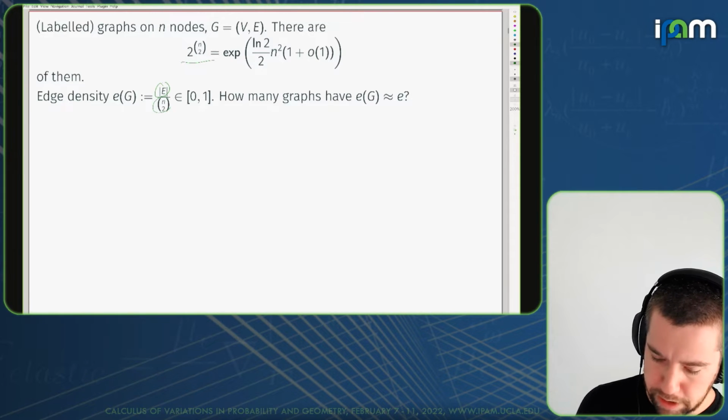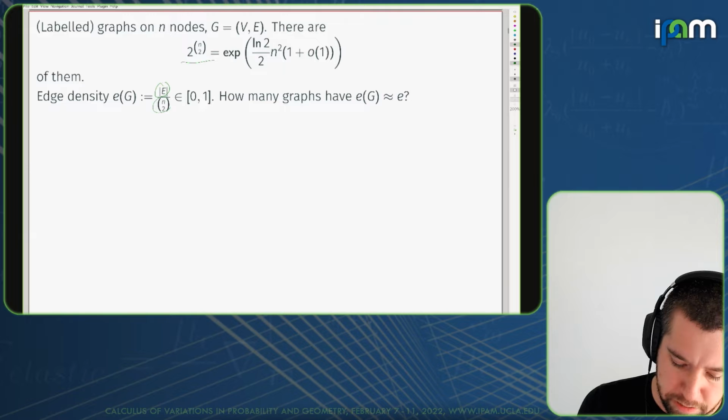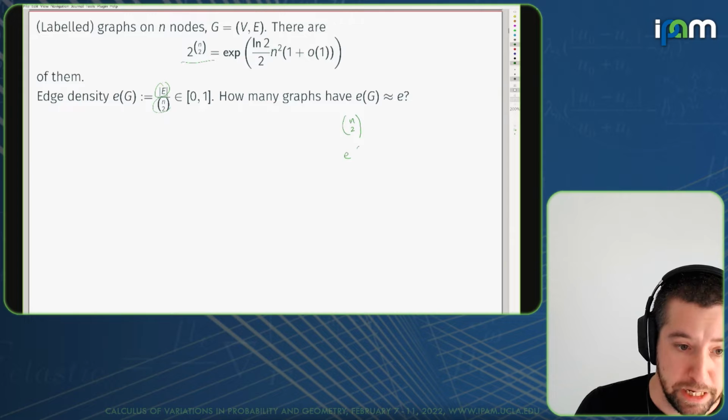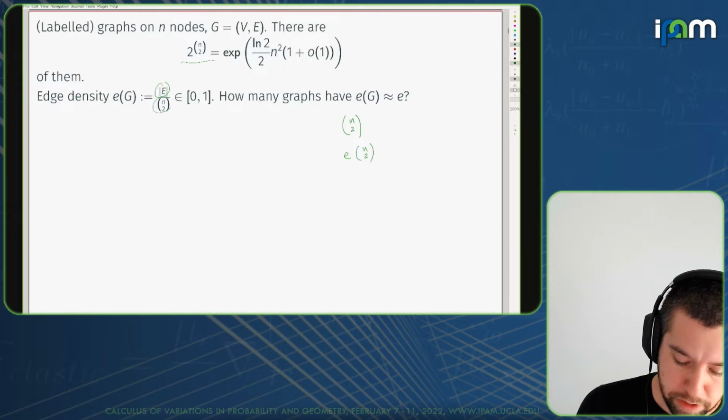Okay, and this is also not so hard to do. In fact, you can even write down the answer exactly, right? There are n choose 2 possible edges in the graph. I am allowed to turn on e times n choose 2 of them, right? That's how many edges I want to be present. And so the number of ways that I can choose e times n choose 2 present edges out of n choose 2 possible edges is this choose that, right?